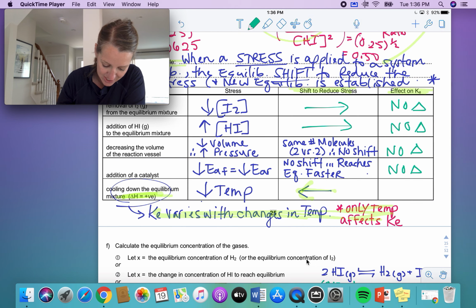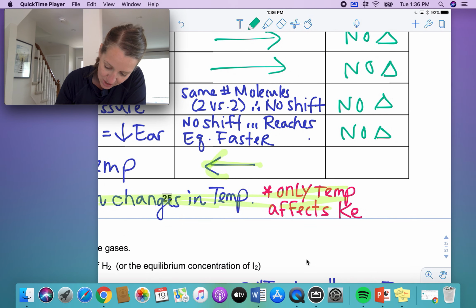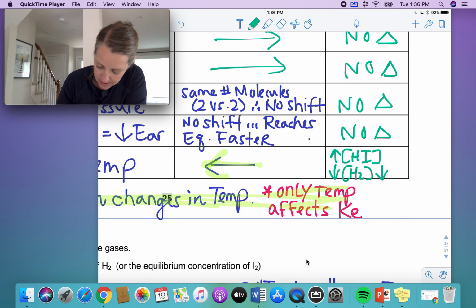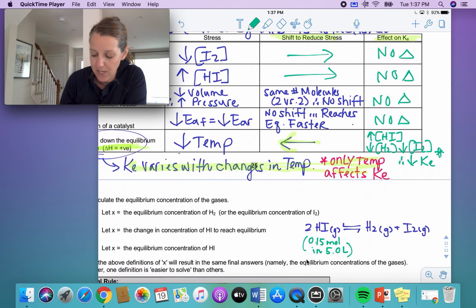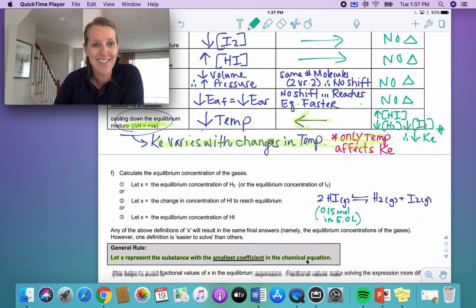And will it change the K value? Yes. You will get an increase in the hydrogen iodide concentration. You'll get a decrease in the hydrogen gas concentration. You'll get a decrease in the iodine gas concentration, and you will get a decrease overall in the K, the equilibrium constant for this equation.